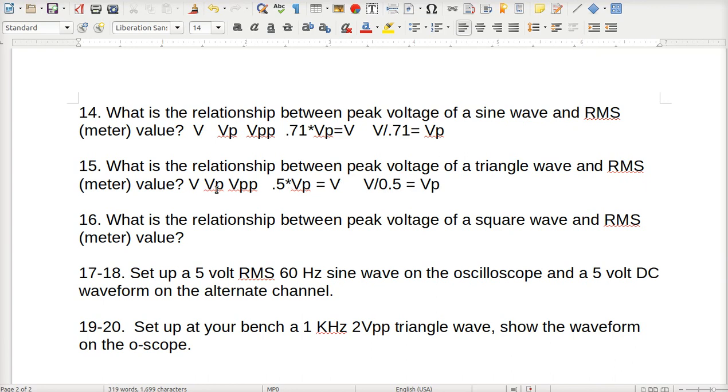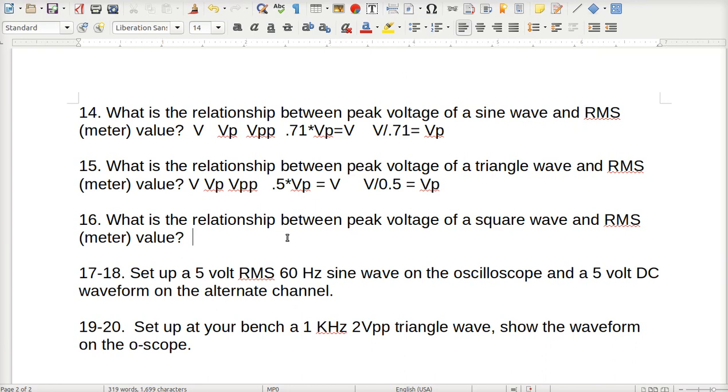The relationship between peak and peak-to-peak is going to stay the same whether I'm with a sine wave or a triangle wave. And now I've got my square wave. Eventually I'll show you one, as part of the ones I'm going to attach. With a square wave I can still talk about its peak voltage, its peak-to-peak voltage, and its RMS voltage.